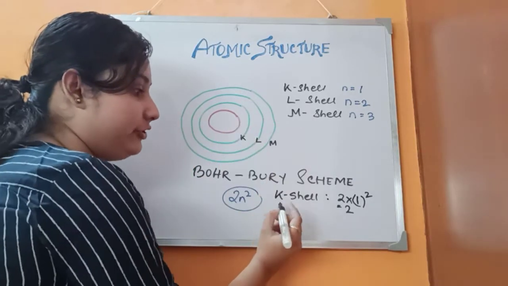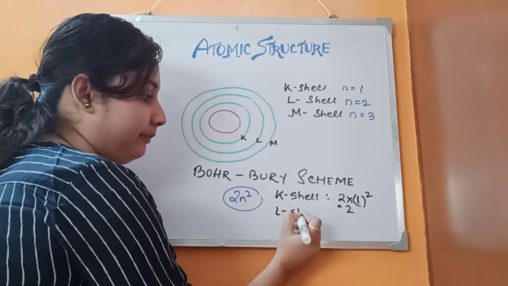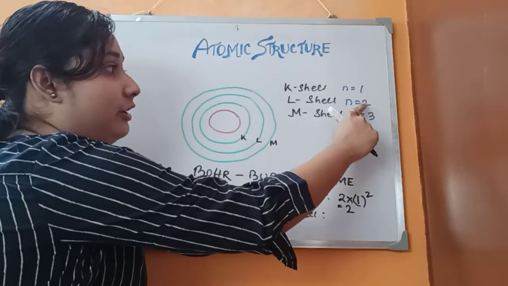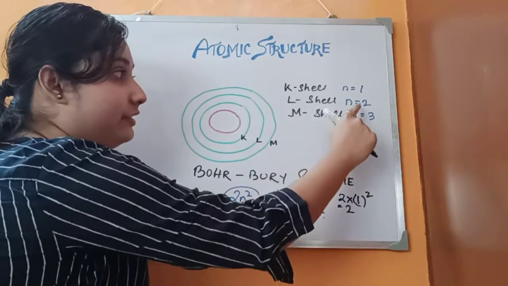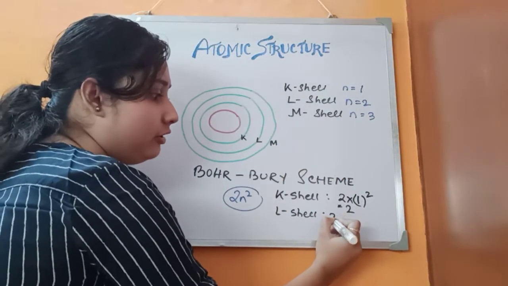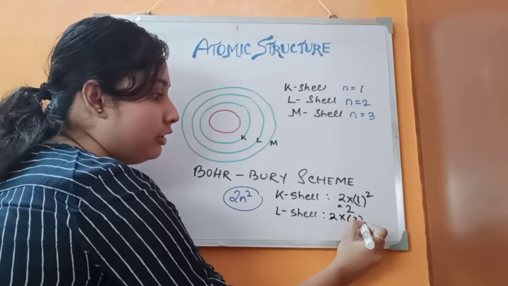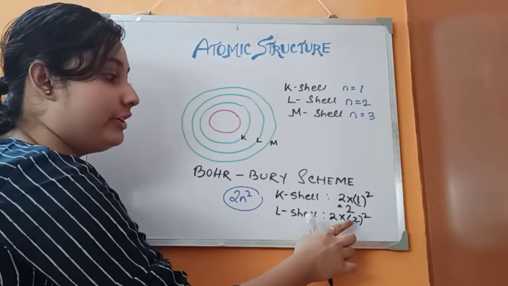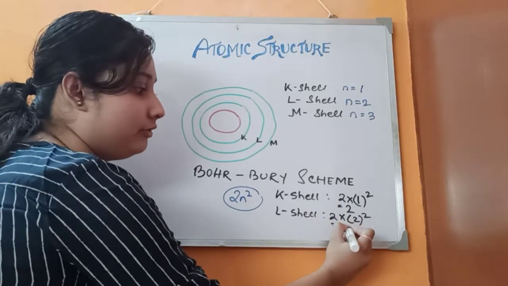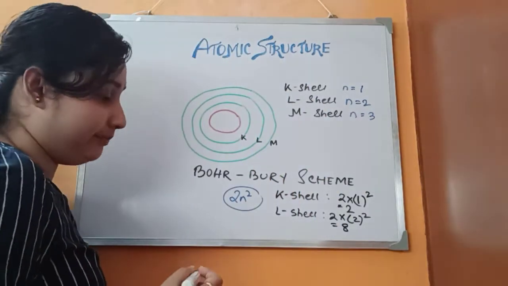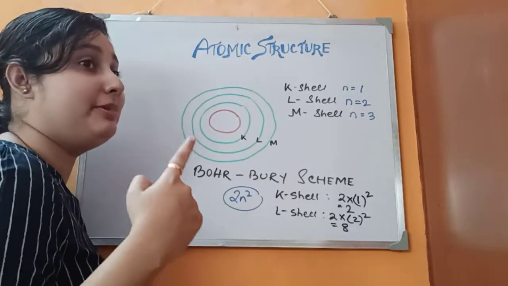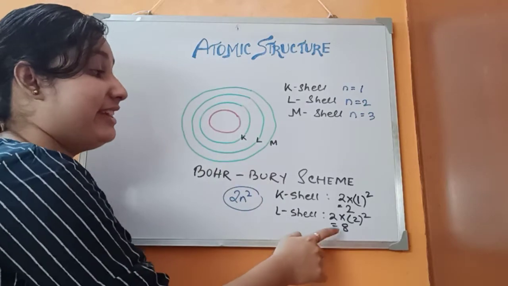Next comes the L shell. The value of n is 2 for the L shell. So, 2 into 2 square. 2 square means 2 twos are 4. 4 into 2 will give you 8. So basically the maximum number of electrons that can be filled in the L shell is 8.